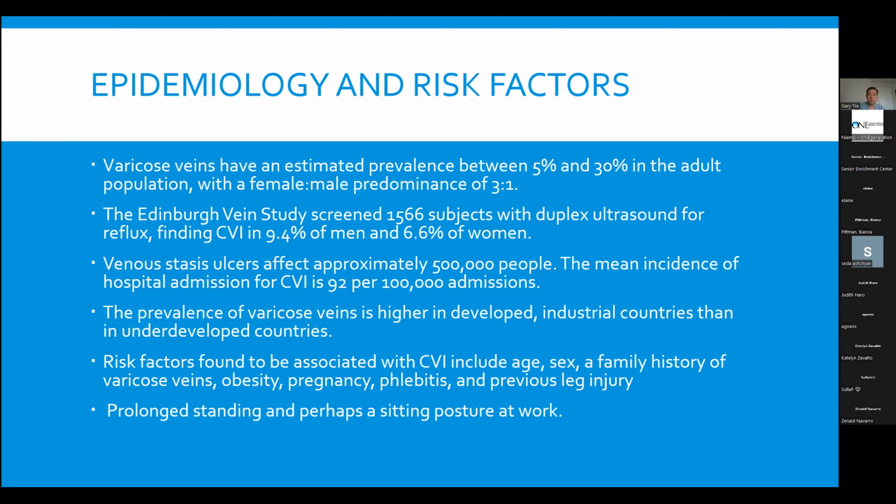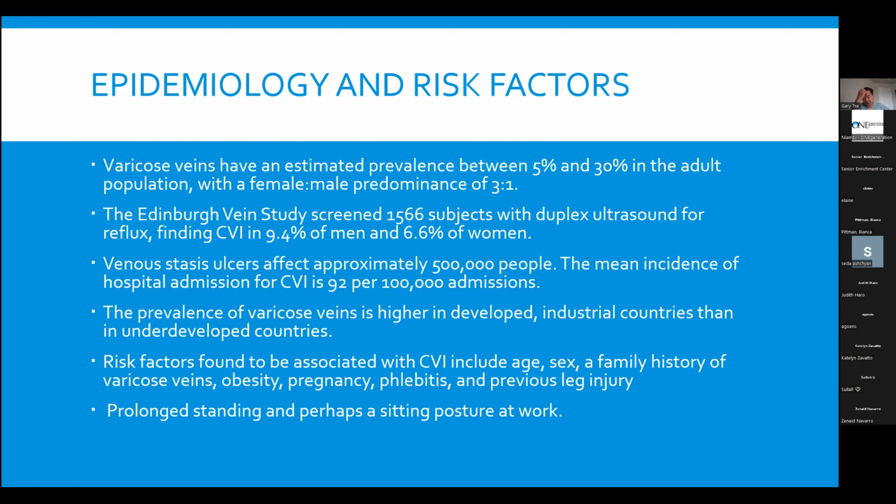And there are various risk factors, including age. The older you are, the more likely you can have it. Sex, females more likely than males. A family history. People that are overweight or obese can certainly have higher pressure, and so the venous blood can pool. Pregnancy, of course, is a risk factor because the uterus, when it's gravid, pushes on the veins in the pelvis that causes backflow into the legs.